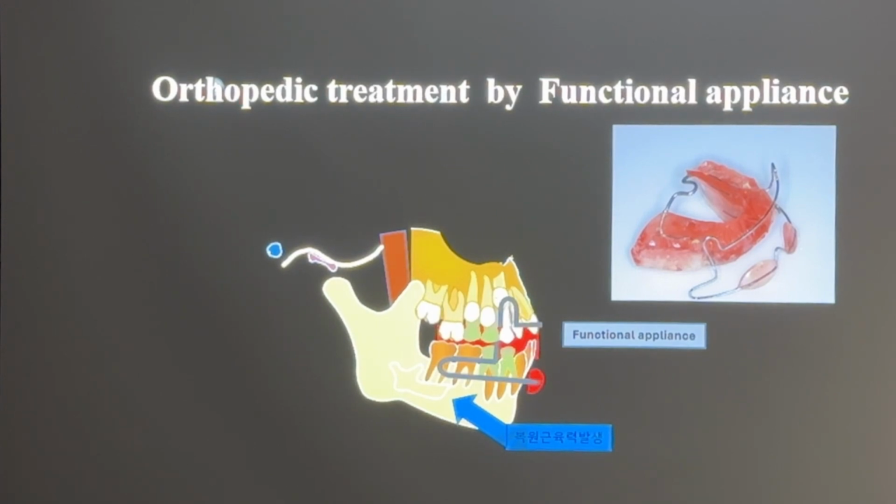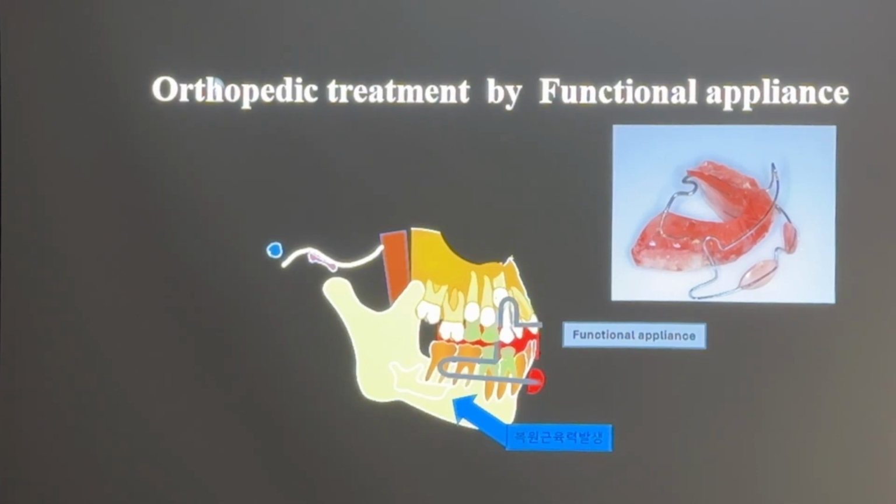Your lab technician or your student or your staff will make this appliance instead of you when you teach them. Your assistant makes this one and applies it to the patient's mouth, and then you will check the condition of this functional appliance in the mouth.